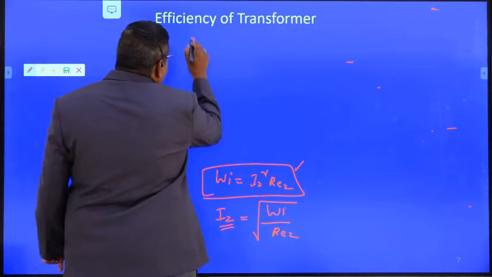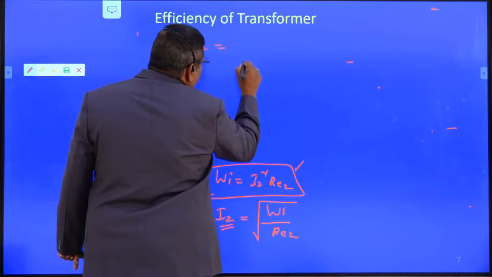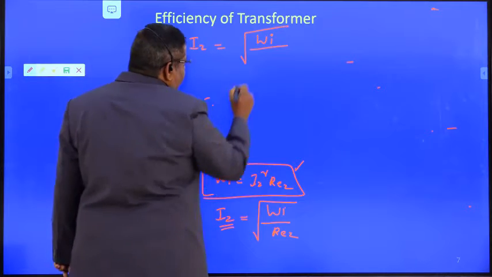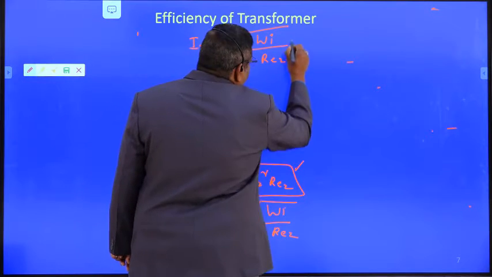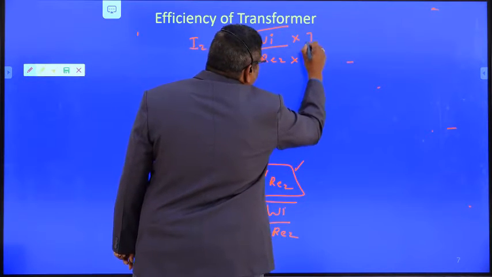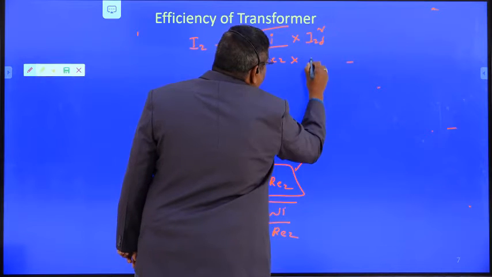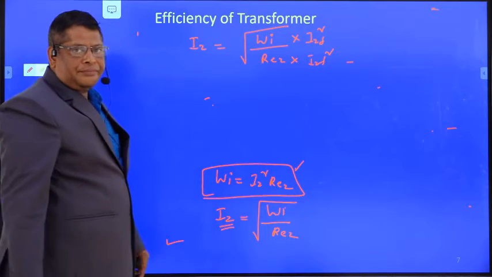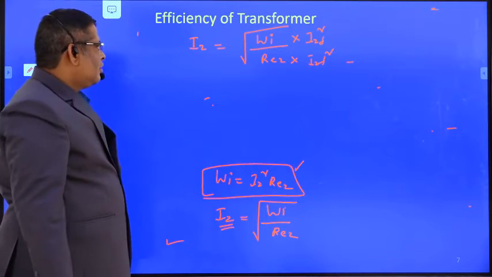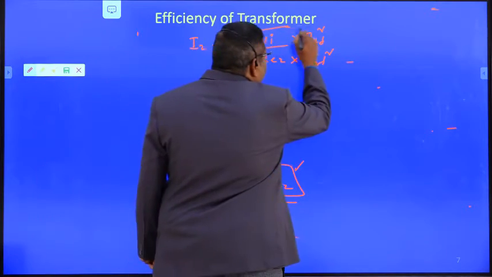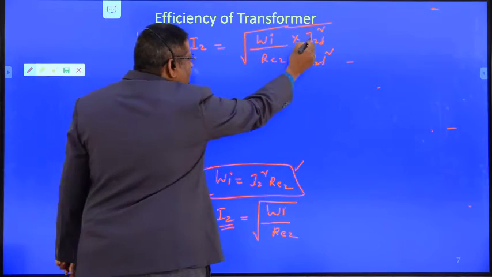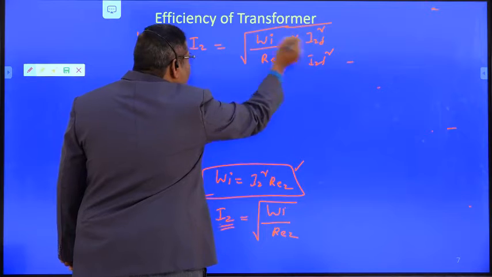Now the same equation we are writing: I2 equals square root of constant losses divided by Re2. Numerator and denominator you multiply with the square of the full load secondary current. When you multiply numerator and denominator with the same quantity, the value does not change. So this quantity we take outside.